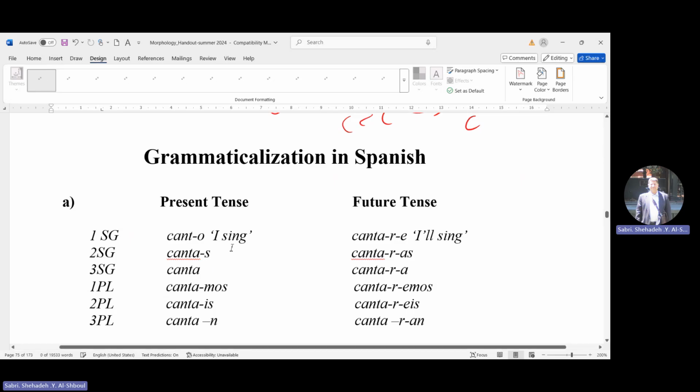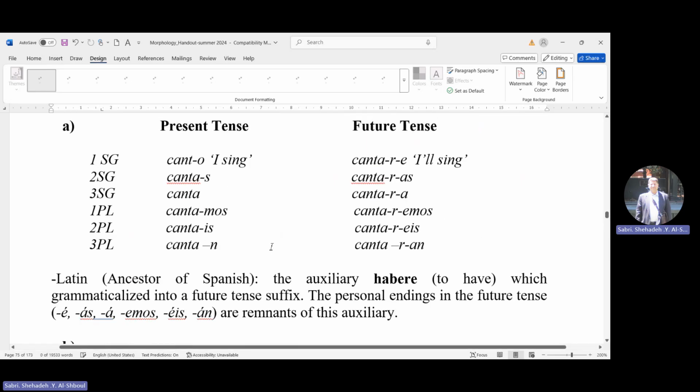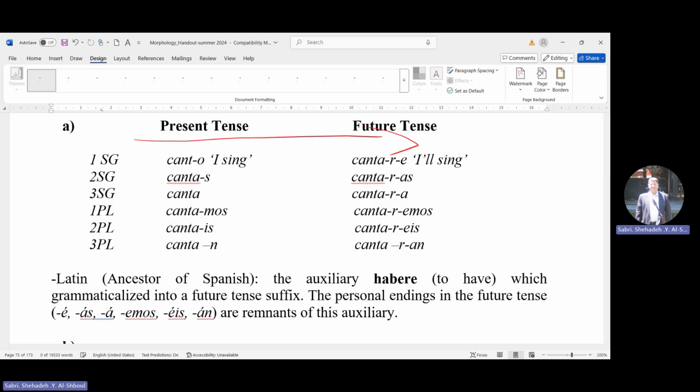So if we look into Spanish here, the data that we have at the utterance level reflects tense patterns, present and future. And at the vertical level, we have the number, first person, second, third person, singular and the plural. So here we have canto.